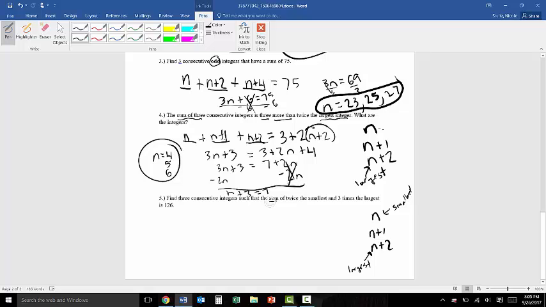So it says the sum, and if you remember, sum means parentheses with a plus. So the sum of twice the smallest, so twice would be 2 times n, and 3 times the largest, which is n plus 2.